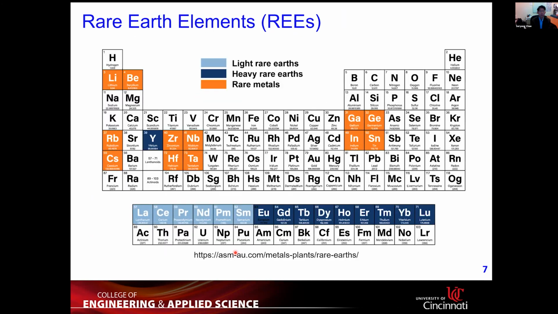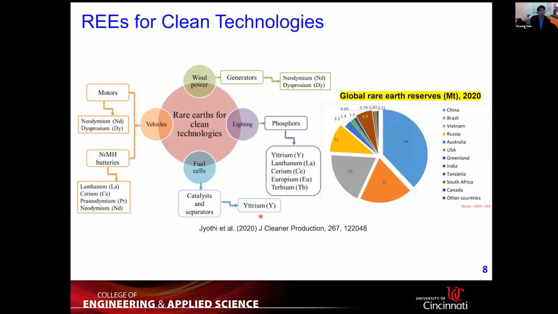Okay, and also there are other important elements. Here, the light blue and dark blue indicate rare earth elements. Those with atomic number around 57 to 62 we classify as light rare earth elements, and the bigger numbers as heavy elements. But the key point is that those materials are very popular nowadays in our life.